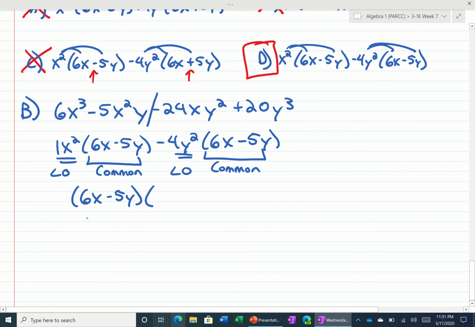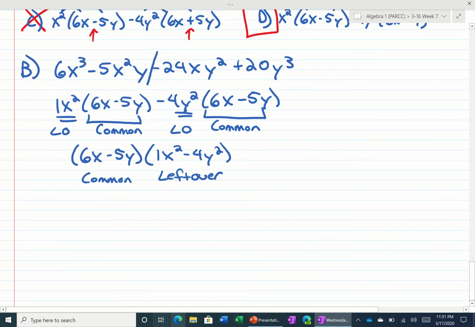LO means left over. Each of these would be considered a factor. Remember, factors we multiply together.